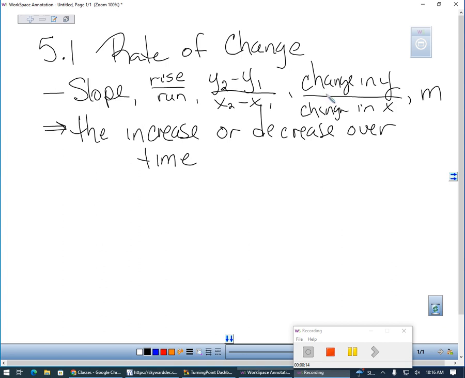So the first thing I want to talk about is when a line is increasing over time. Its slope for that line, because it is increasing, is going to be a positive slope. If a line is going down over time, it's going to have a negative slope.